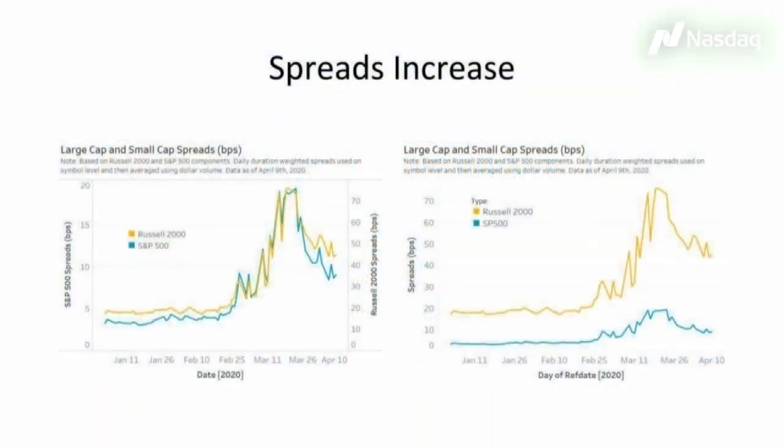People or investors are looking to move things more quickly, and so they're demanding more liquidity in a very immediate fashion. And just like any other market, when there's a shift in the demand curve or an increase in demand, you see the supply side change, usually resulting in higher prices if there's an increase in demand. And spreads is one way that you can measure the cost of liquidity in the market.